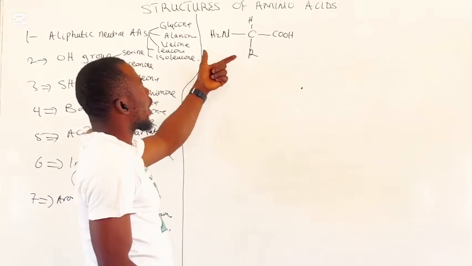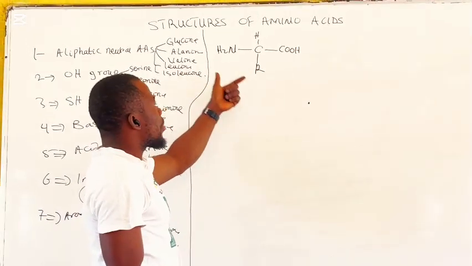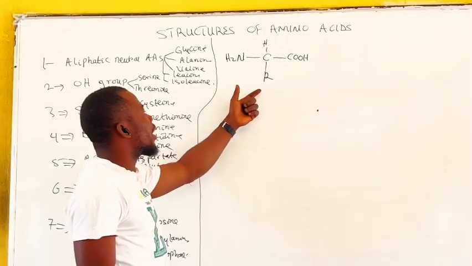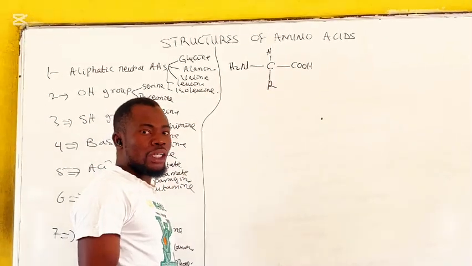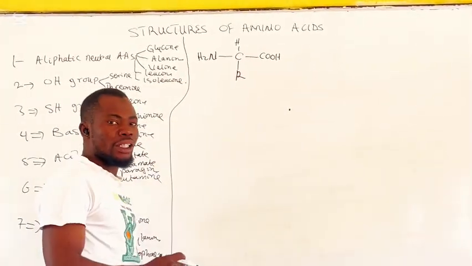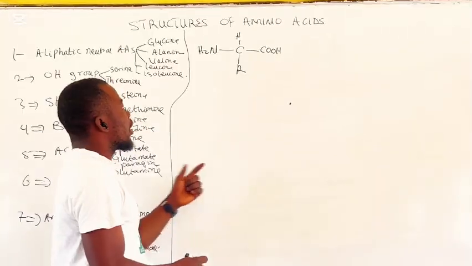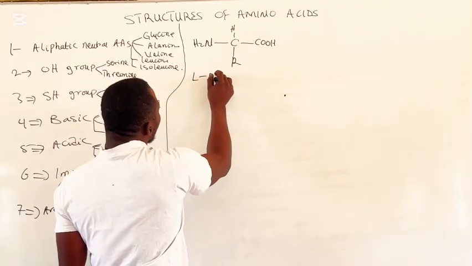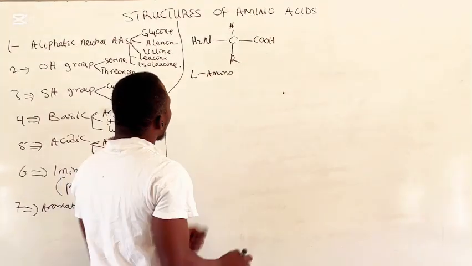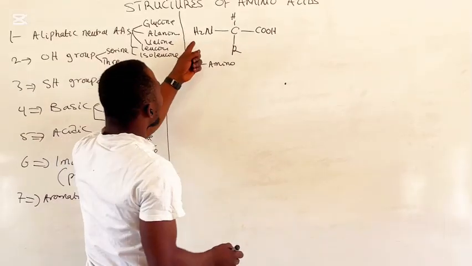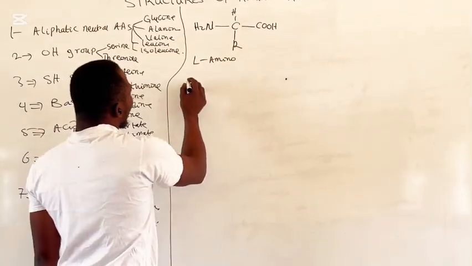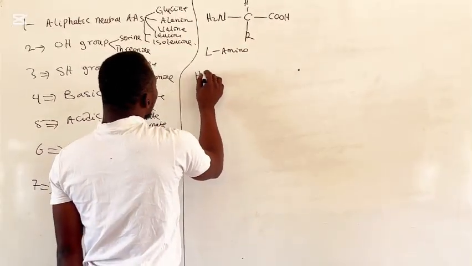But here, this is an L-amino acid, because amino acids found in the proteins of mammals are L-amino acids. L-amino acids have the amino group at the left side.